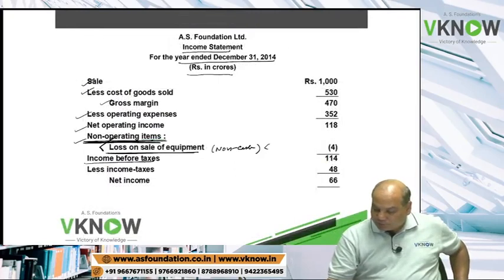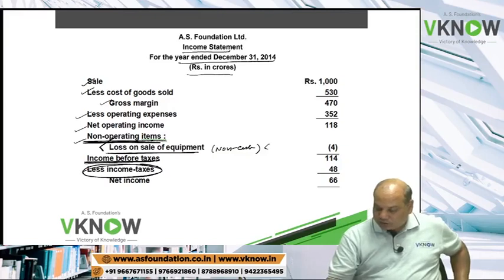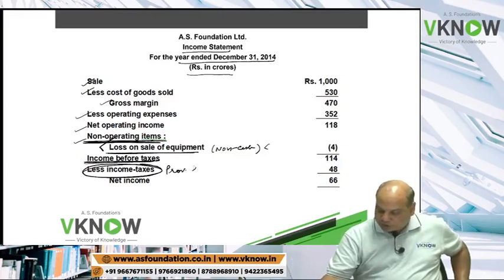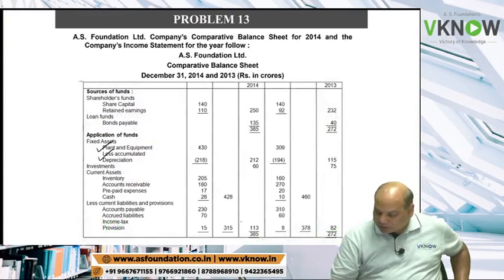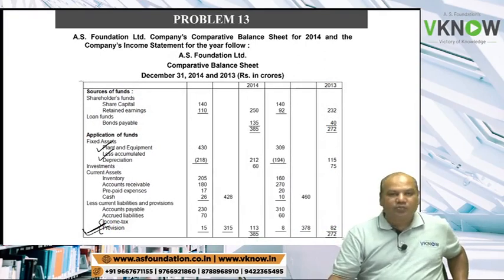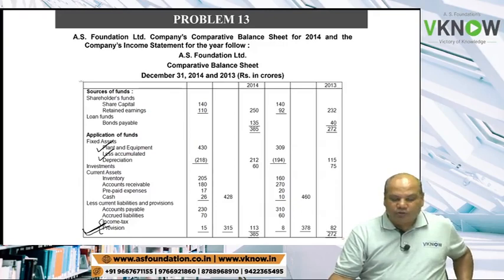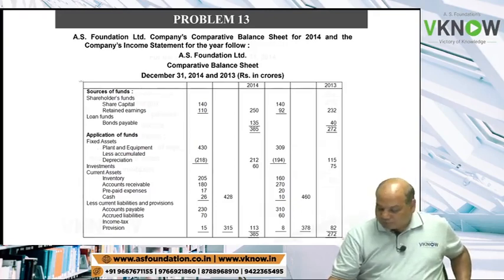Then income before tax, less income tax. So this is the provision for income tax, made during the current year, CY. Tick mark this last item, income tax provision.